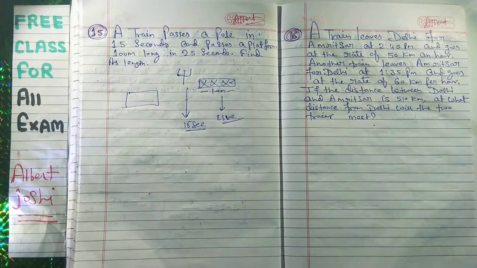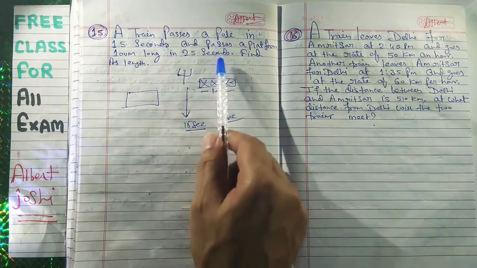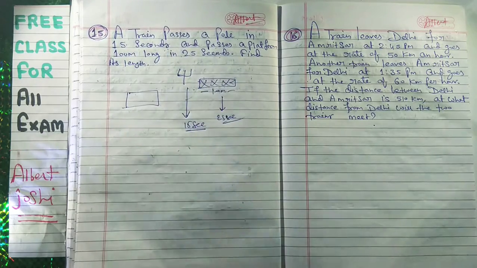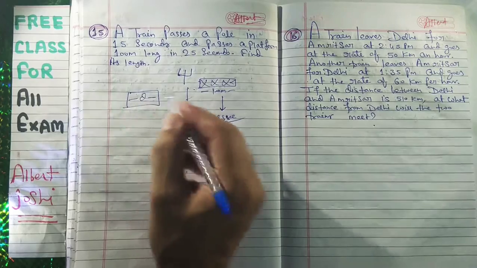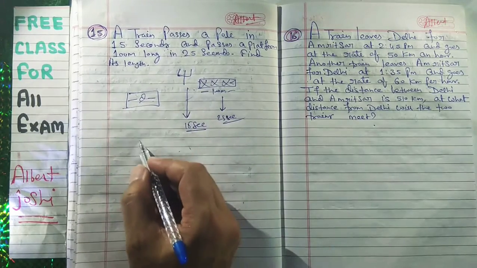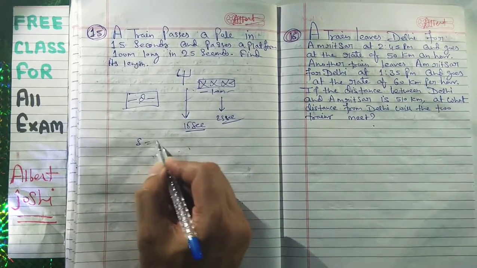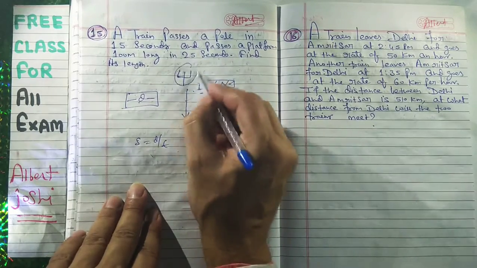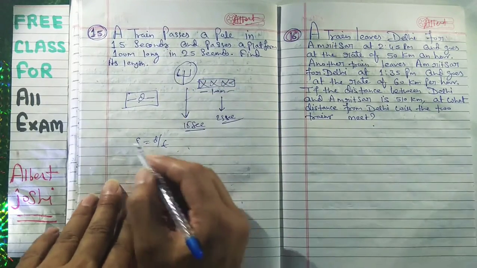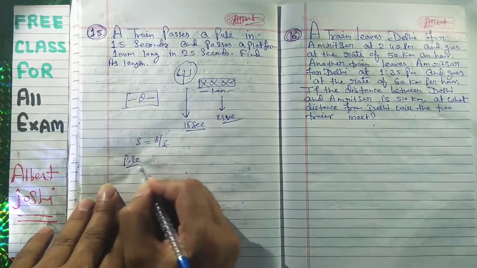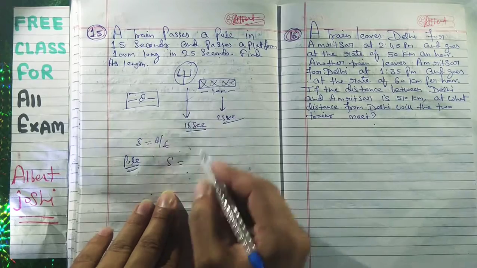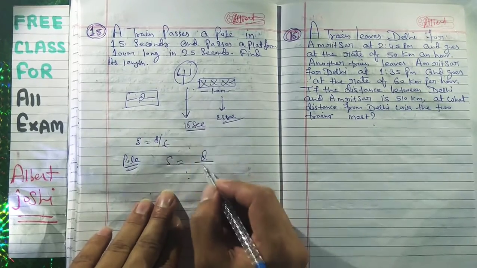Very simple. At first we have to check the units: this is in seconds, this is also in seconds, this is in meters. No problem. The length is in meters and the speed is in meters per second. Speed is equal to distance upon time. For the pole, speed is equal to distance, the length of the train, upon time, 15 seconds.